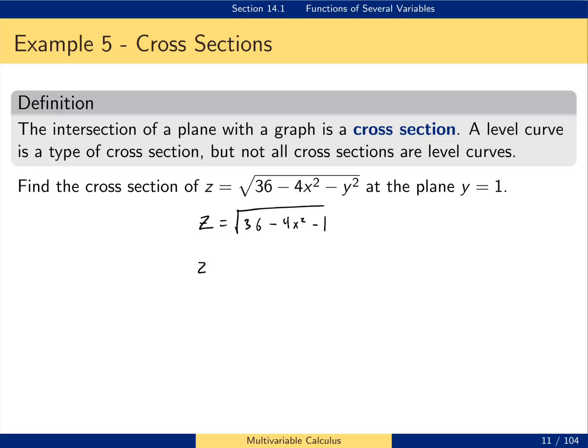This simplifies to z equals the square root of 35 minus 4x squared, which is a graph in the xz plane. If we squared both sides, we would actually see that it's part of an ellipse.